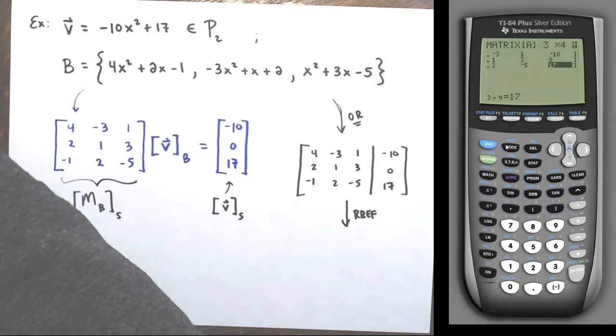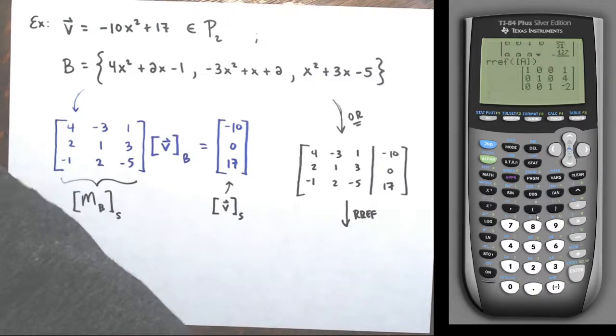Then get out of here. The last thing I entered was answer to fraction, so I've got to go to reduced row echelon form again. Math menu, under the matrix, RREF, matrix A. Okay.